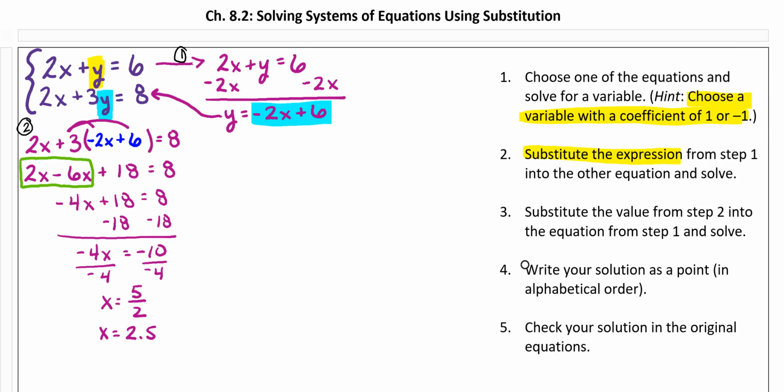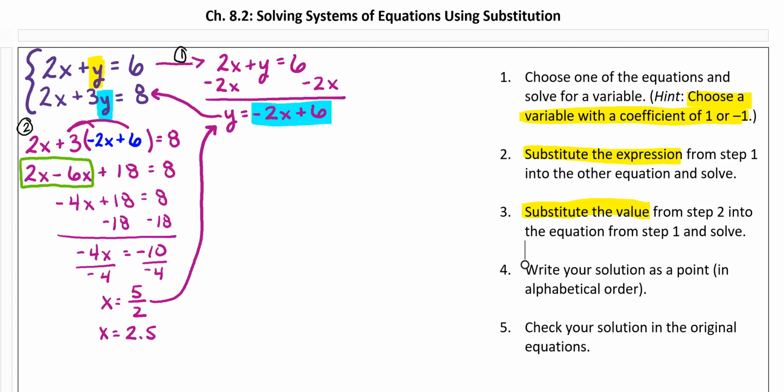So now our next step, if you look over here, says that we need to substitute the value. So this value that we just got, we're going to resubstitute back into the equation we found in step 1. The reason we're going to do it this way is because this is already solved for y, which makes the problem a little bit easier.